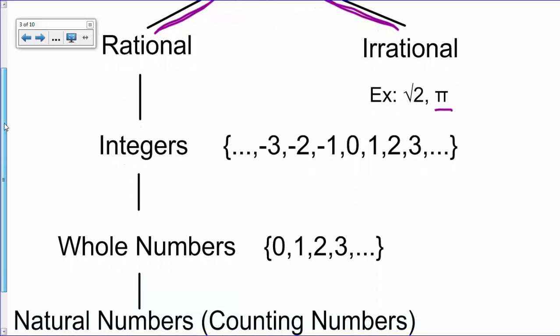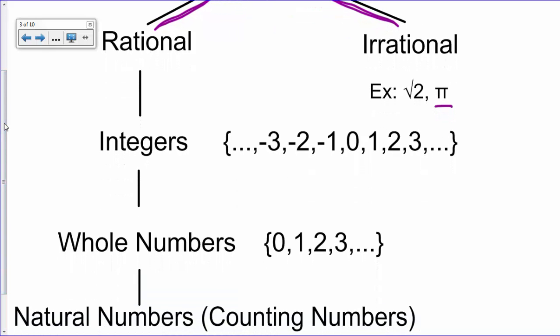Rational numbers are numbers that can be shown as a fraction, okay? They terminate. So for example, 1/4, we know as a decimal is 0.25.